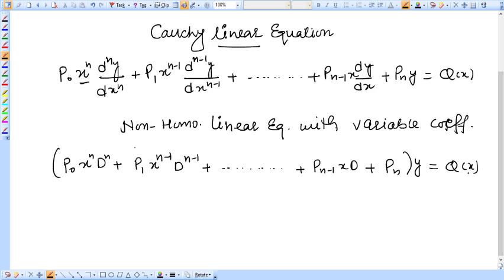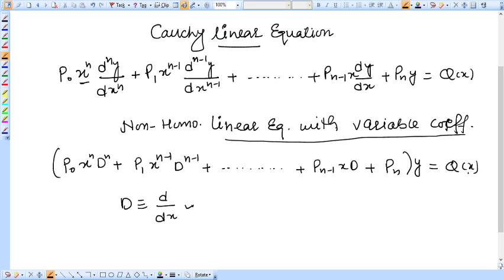So this is a linear equation with variable coefficients. What is D here? D stands for differentiation with respect to x, right?